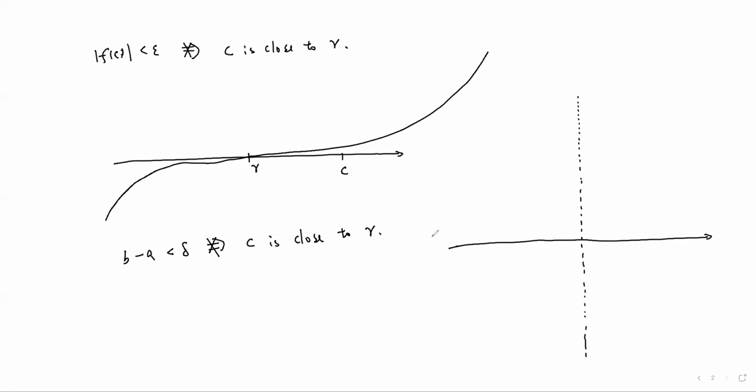The graph goes up to infinity, then down to negative infinity. Of course, this function is not continuous, but we just assume the function is continuous. But in practice, usually we don't know. In some cases, we don't know whether the function is continuous.